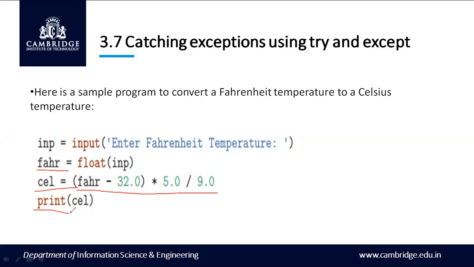Once after the computation it prints the degrees Celsius. So this is a normal program. What happens here is that instead of the user giving the input as an integer, if he gives the input as a character, let us see what the error will be at runtime.